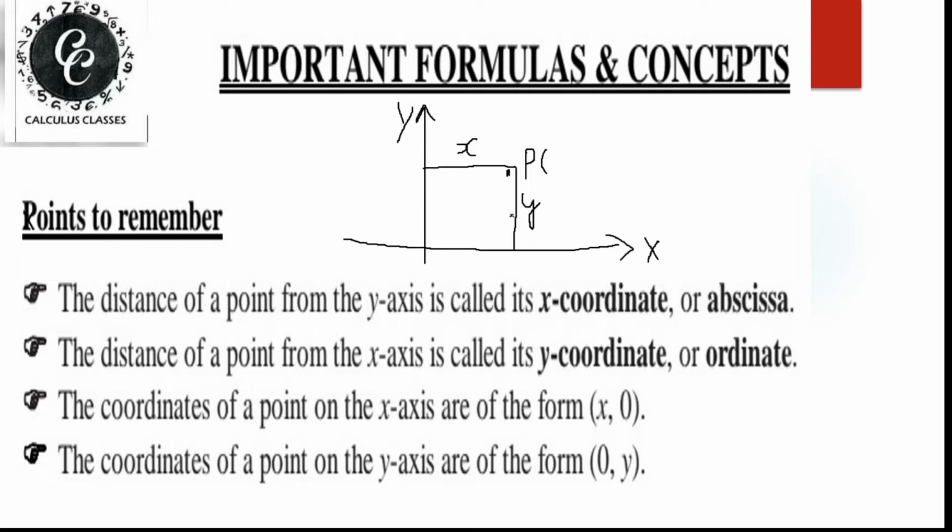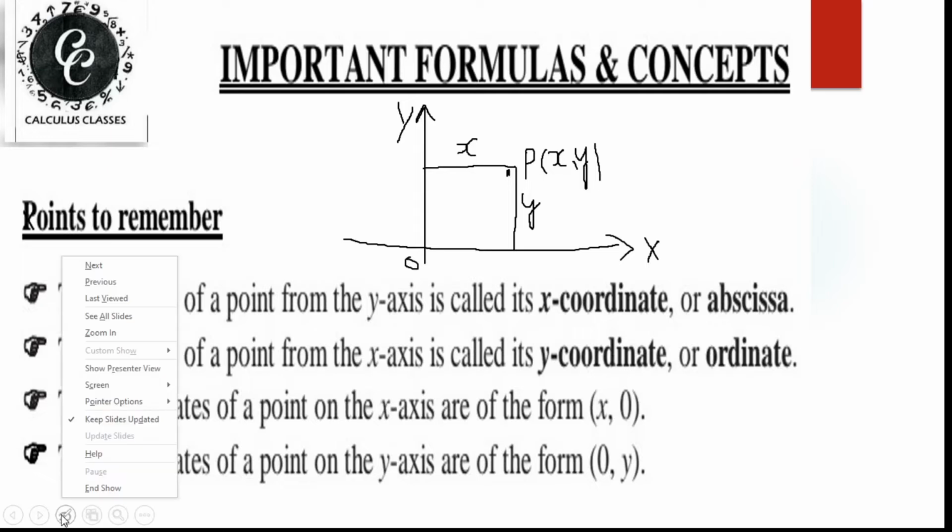You can see this is the ordinate and this is the abscissa. We write the coordinates of this point as x comma y, and this is called the origin. We already learned all these things in the previous class.